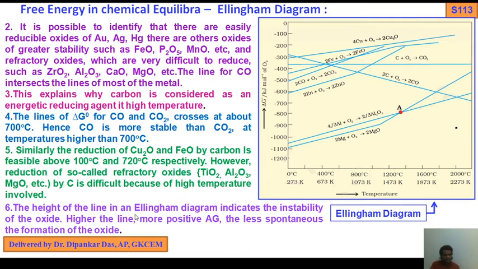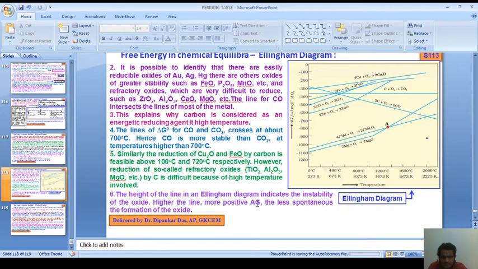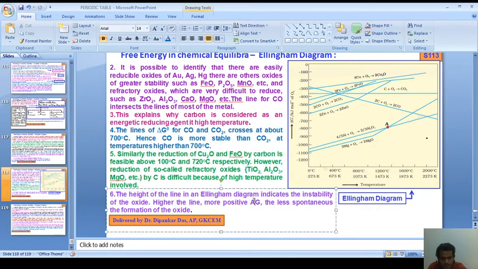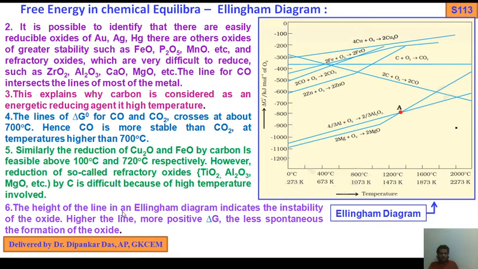The height of the line in the Ellingham diagram indicates the instability of the oxides. The higher the line, the more positive the del G, and the less spontaneous the formation of the oxide.